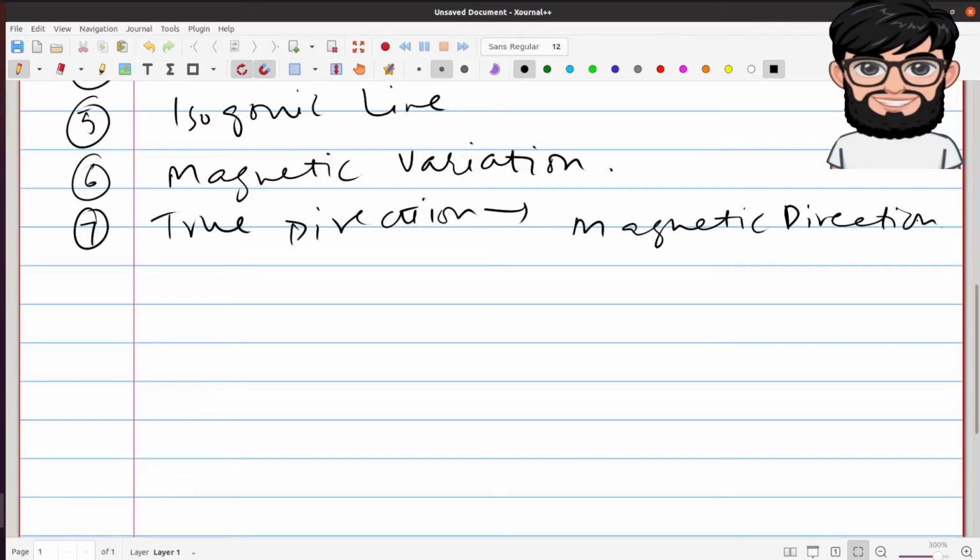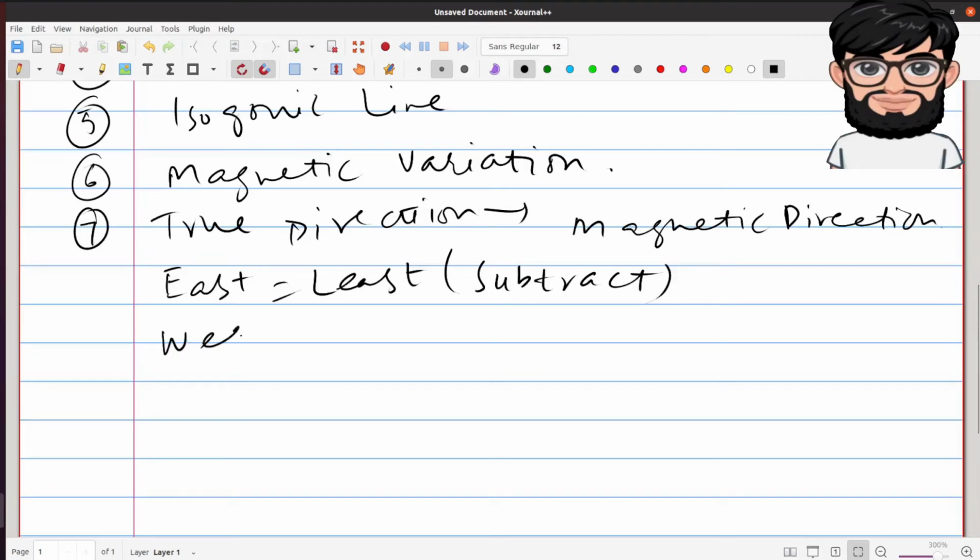If the variation is west, you need to add, and if it is east, you need to subtract. You can remember it by this saying: east is least, meaning you need to subtract, and west is best, meaning you need to add. So that's how we figure out, if we have the true directions, what the magnetic directions would be.